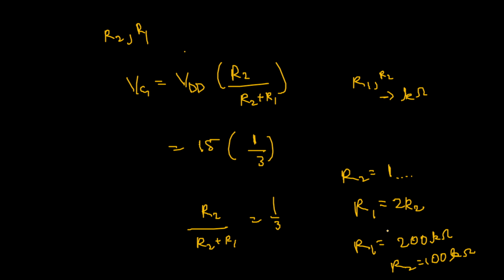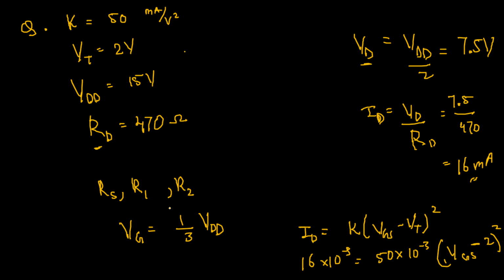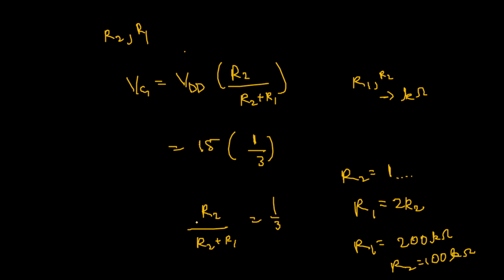So these values of R1, R2 and RS actually satisfy these equations, and most importantly they satisfy the condition that when we put these values of the resistor we get gate voltage to be exactly one third of VDD. Alright, so that was the first question.